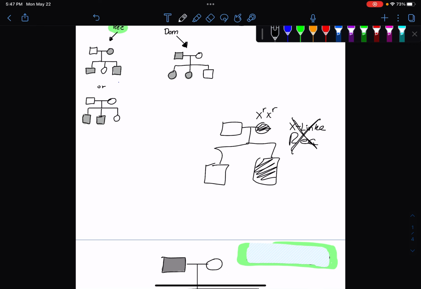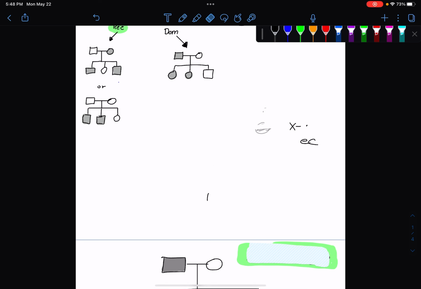She'd have to pass down that X little r, and that'd be the only way to express the gene. So there's no way that a child with this gene combination could exist with a mother that has X little r in X-linked recessive. Okay?